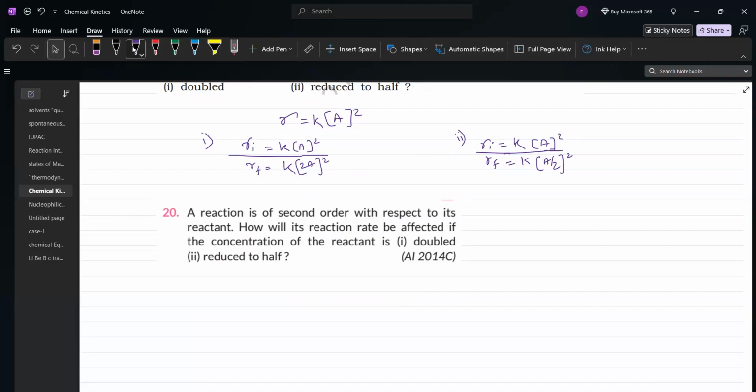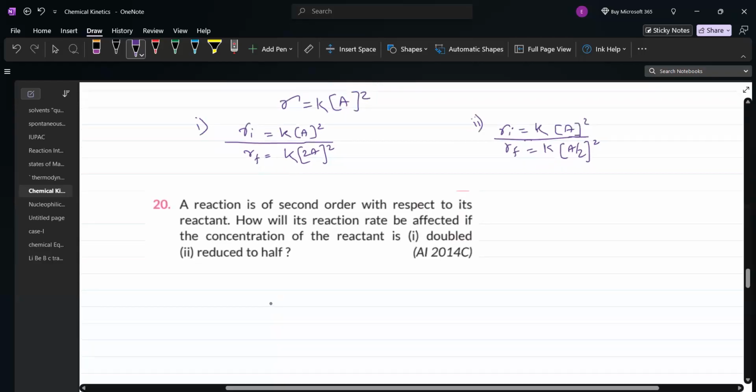The second one is 1 by 4. What have you got? For the first bit, I got 4. For the second, I have listened to your answer. Rishita, what did you get? For the first one, I got 1 by 4, and for the second one, I got 4.